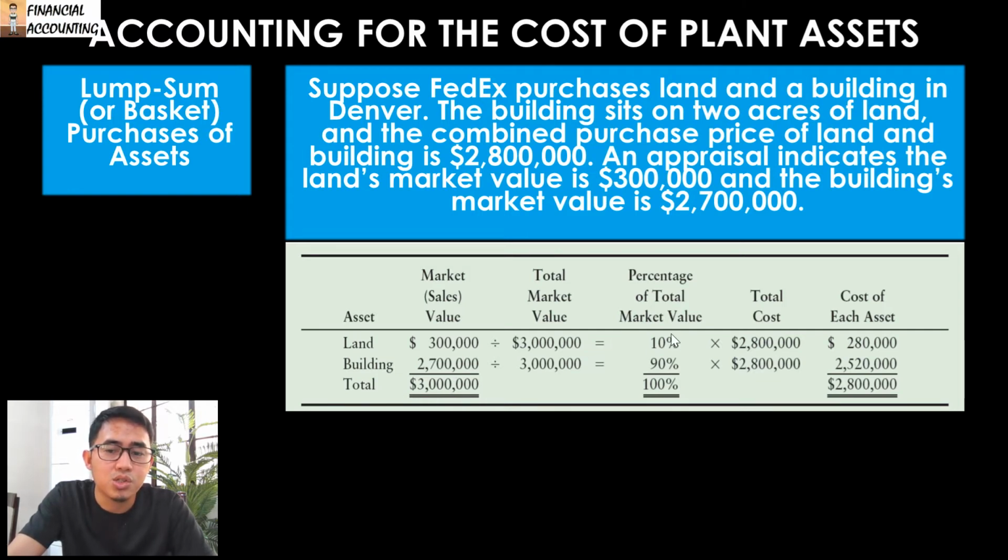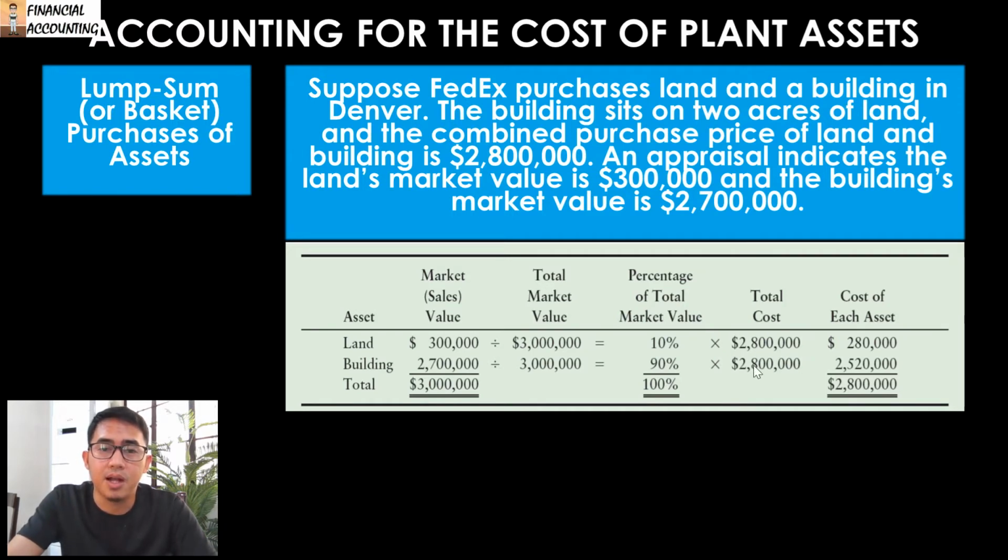So the percentage of those items relative to its total market value, for land, it's 10% and the building is 90%. Meaning, if you have a total of 3 million, 10% of that goes to the land and 90% goes to building. Then these percentages should be multiplied to the basket price.